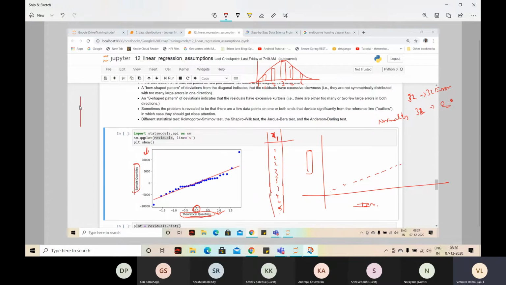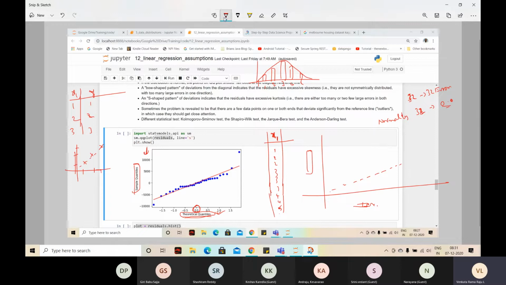If you take a simple example here, I'll take x1 and y, 1, 1, 2, 2, 3, 3. If you take and try to do a plot, what will happen? You'll get a straight line, right?